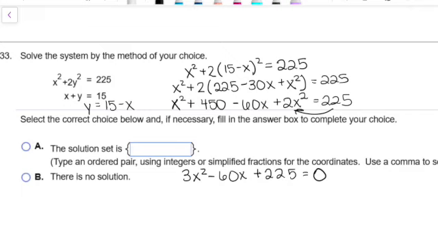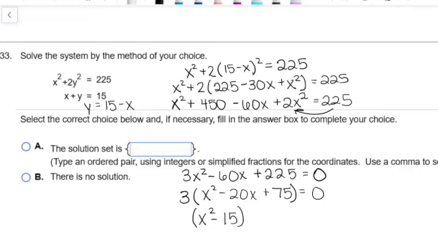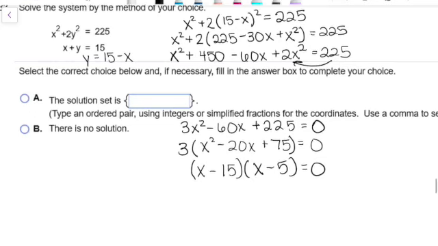Those are all divisible by 3. 15 and 5 are my two, whoops, that shouldn't be squared. 15 and 5, but they should both be negative. What multiplies to get 75? 15 and 5, but add to get negative 20. That's negative 15, negative 5.